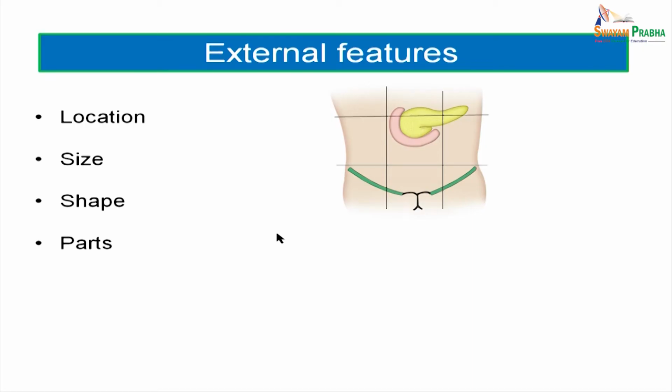So what are the different parts of the duodenum? The duodenum can be divided into 4 segments. The first part starts from the pyloric sphincter to the superior duodenal flexure. The second part is a vertical part which extends from the superior duodenal flexure to the inferior duodenal flexure.